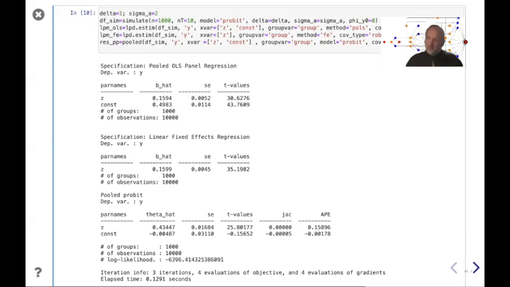It's because there's a lot of different people, and some people are so far away from being on the margin of changing their choice because they have this huge value of c_i that no matter how much you change X, there's going to be a zero effect. There's going to be a lot of those if there's a high variance, and a lot of those with very low values of c_i when there's a low variance.